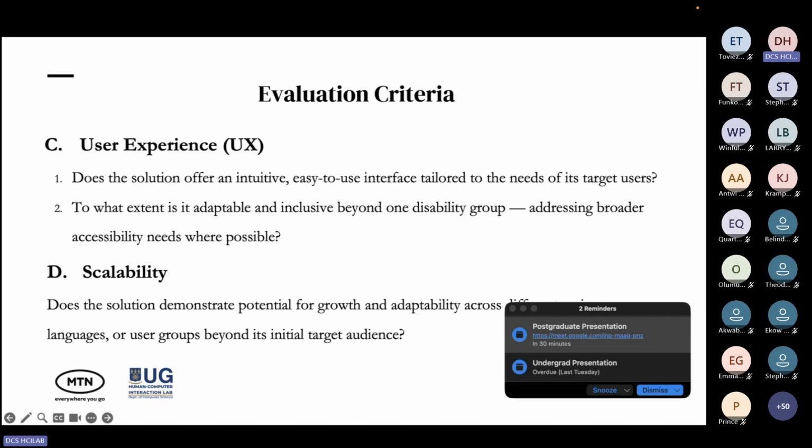Does the solution demonstrate potential for growth across different regions? At this point the focus is Ghanaian languages, but does it have the potential to be adapted in perhaps another cultural context or for a different user group?